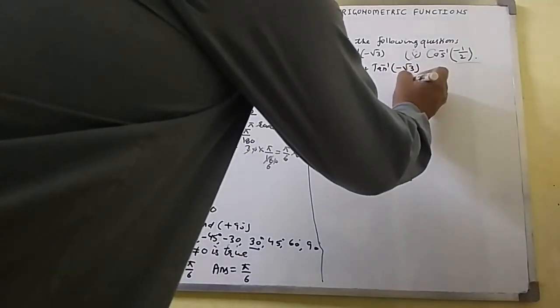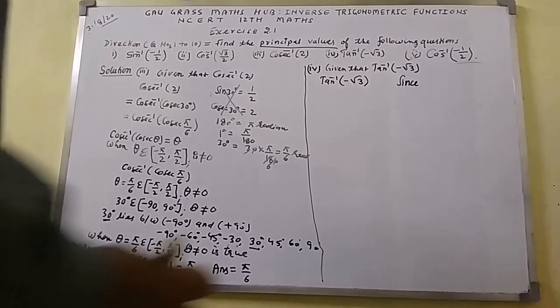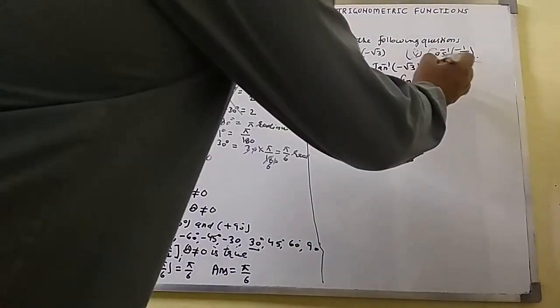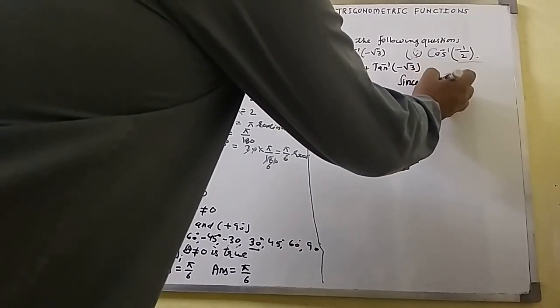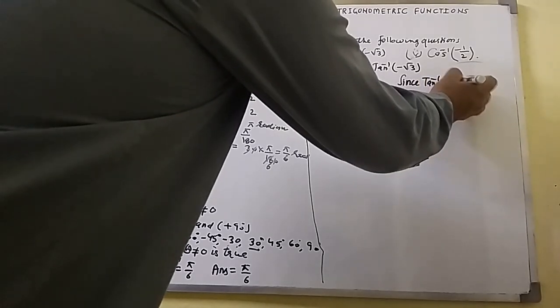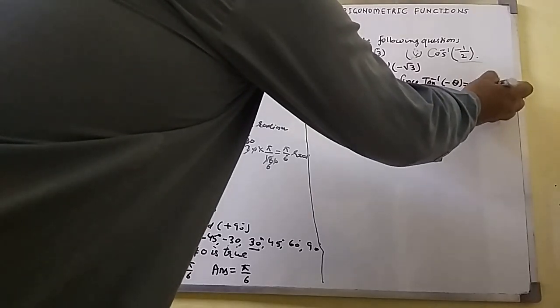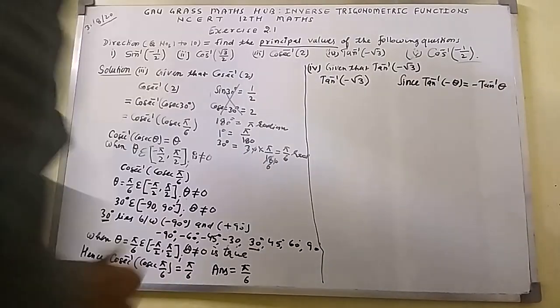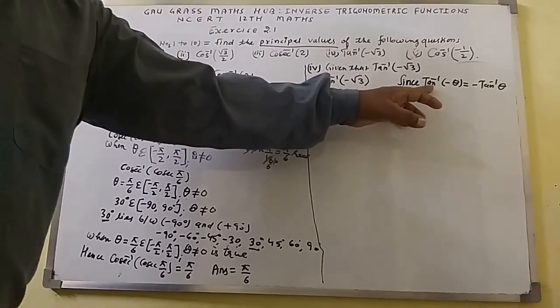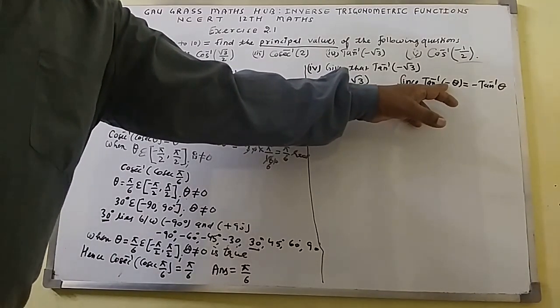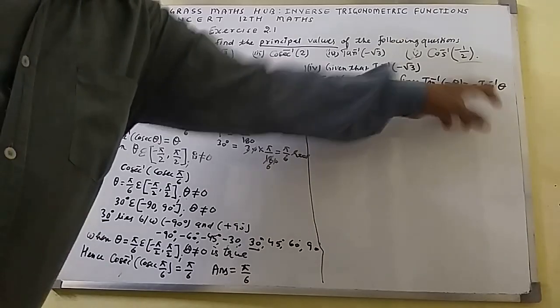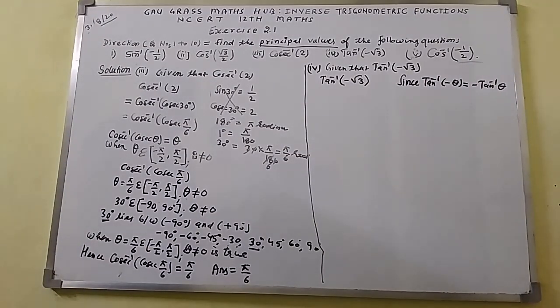Here I am going to write, since tan inverse in bracket minus theta equal to minus tan inverse theta, it will become tan inverse in bracket minus theta equal to minus tan inverse theta.